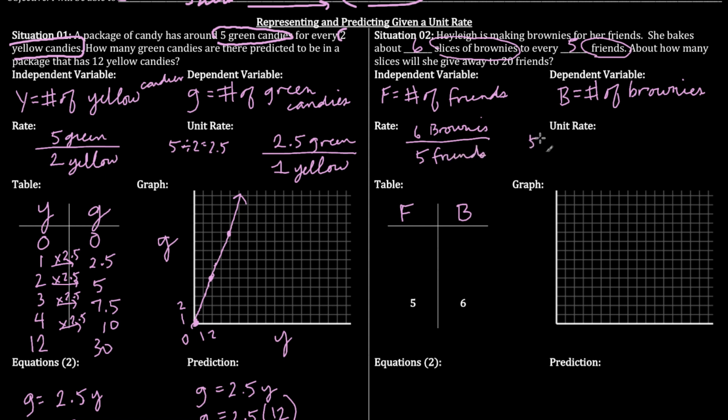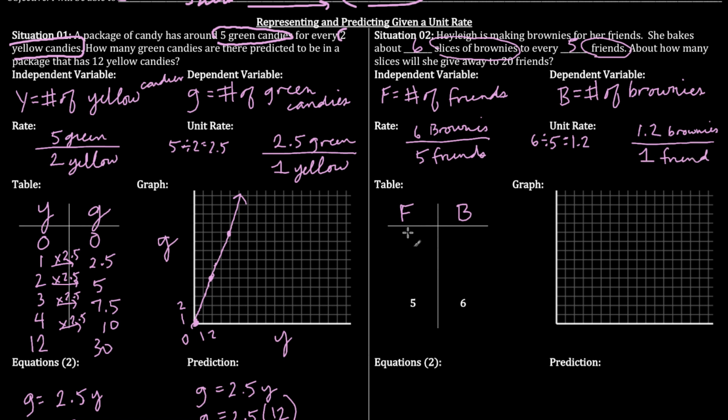So we do 6 divided by 5, and we get 1.2. So 1.2 brownies for every 1 friend. So this is the rate it gave us, 6 brownies every 5 friends. This is the unit rate for every 1.